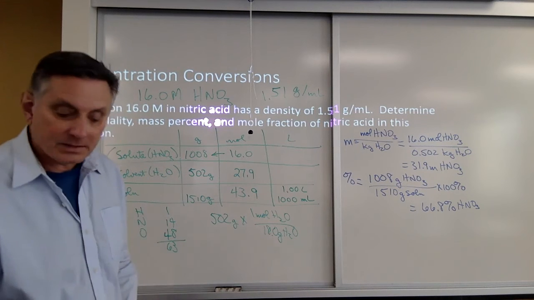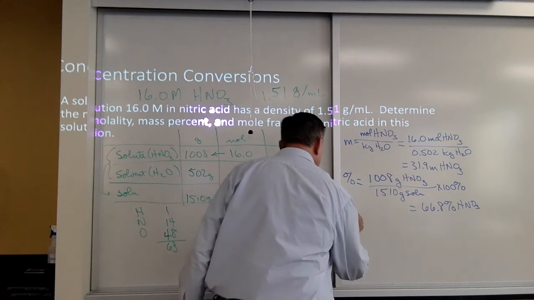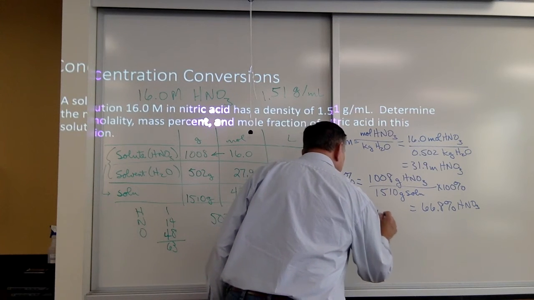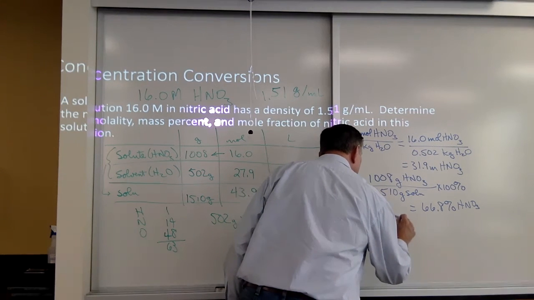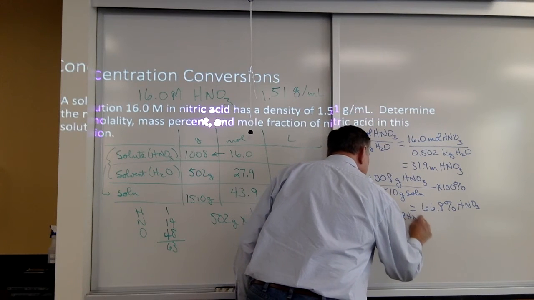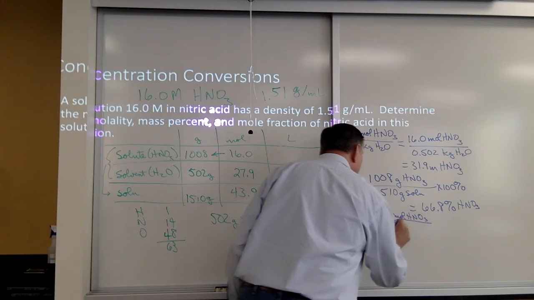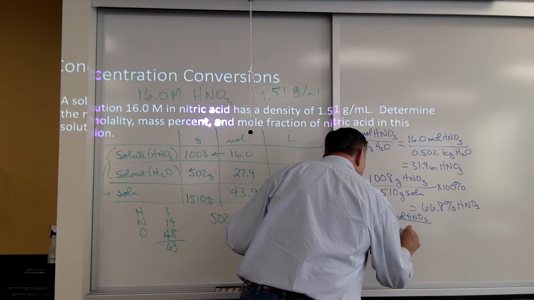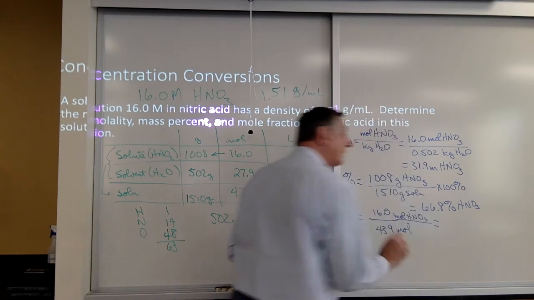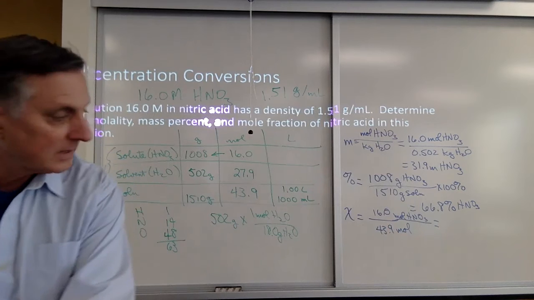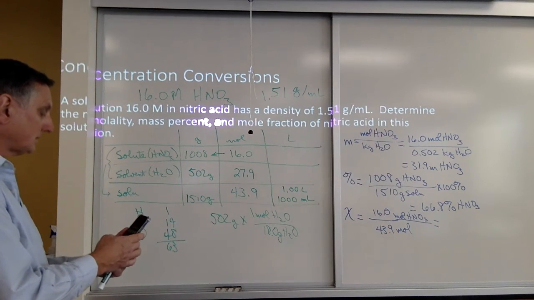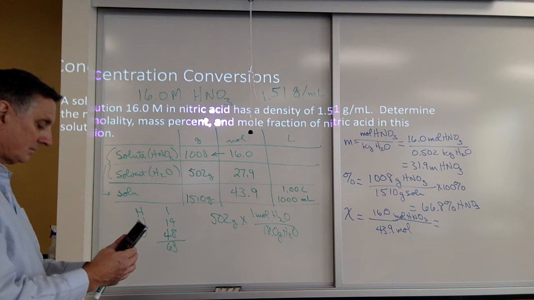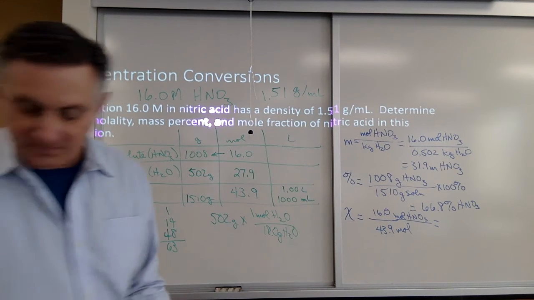In order to calculate mole fraction, this is 16.0 moles of HNO3 all over 43.9 total moles, not times 100, and I get, let's see, 16 divided by 43.9, 0.364.